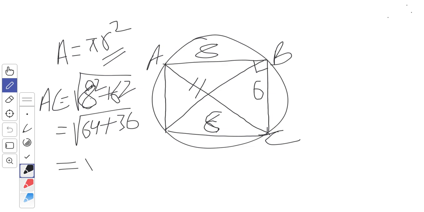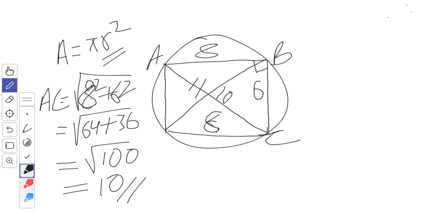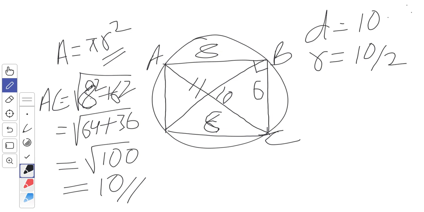So we have root of 100, which is equal to 10. Now this is 10. That means the diameter of the circle D is equal to 10. From the diameter, the radius is equal to diameter divided by 2. 10 divided by 2 is equal to 5. Now we have 5 meter as the radius of the circle.